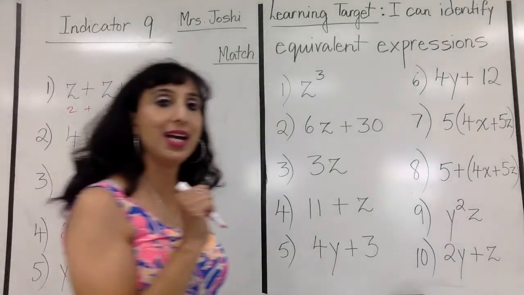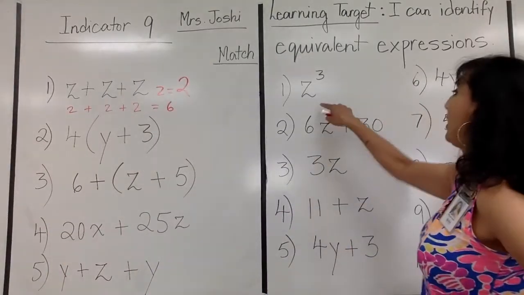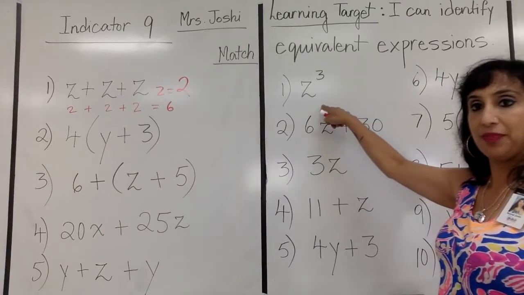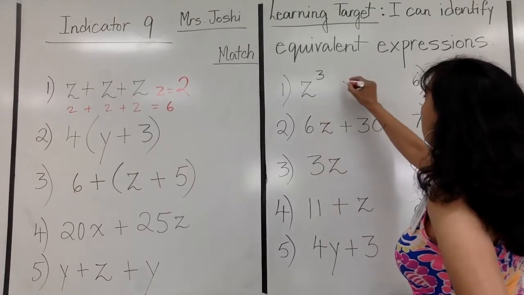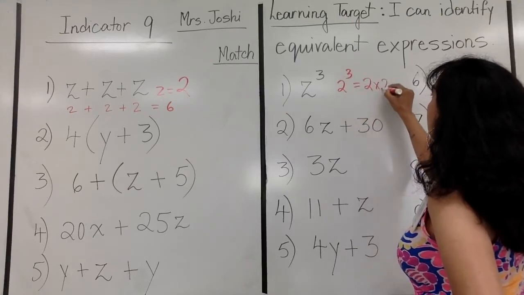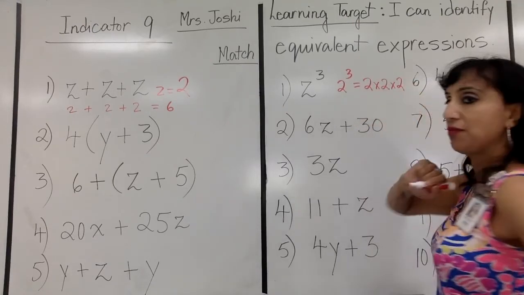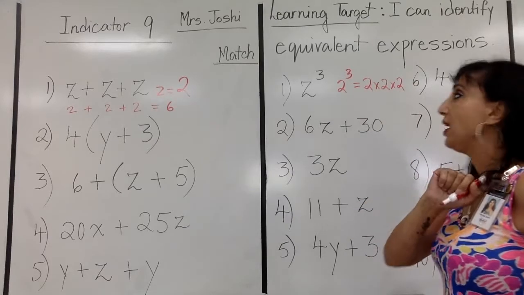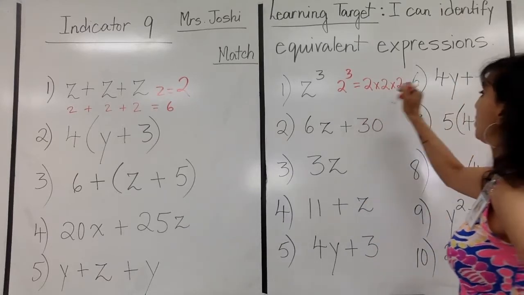If I had done z cubed and shown that as my answer, this would actually mean 2 cubed, which would be 2 times 2 times 2. And so 2 times 2 is 4, 4 times 2 is 8.